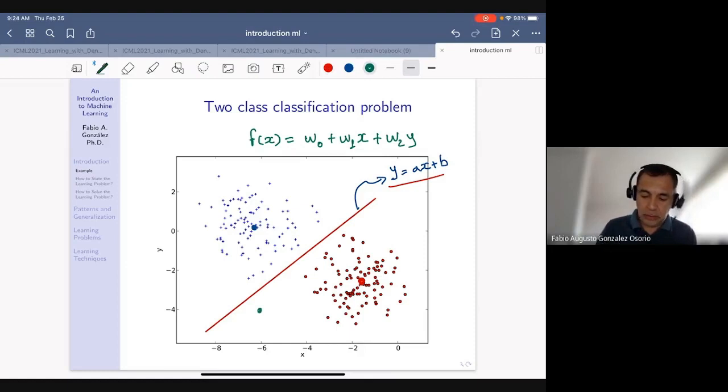I calculate the distance from this point to this centroid, and the distance from this point to this one, and then I assign the class such that the distance to the centroid of that class is minimum, right? Is that what Gabriel was thinking about?